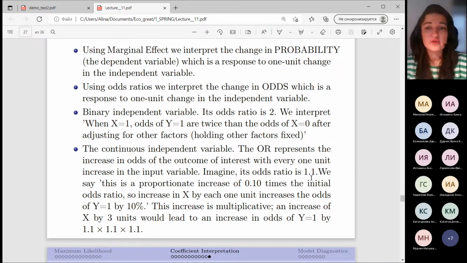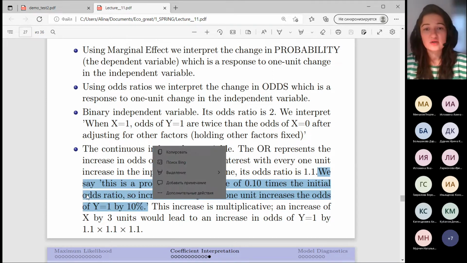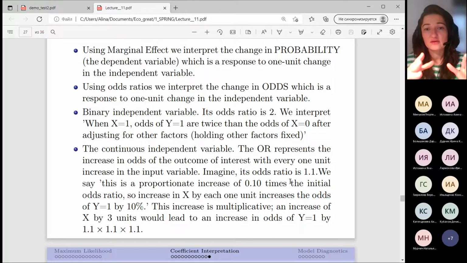In other terms, if you see that the odds ratio of the continuous variable income equals 1.1, you can interpret this as a proportionate increase of 0.1 times the initial odds. So each 1 unit increase in income increases the odds that you own the house by 10%.